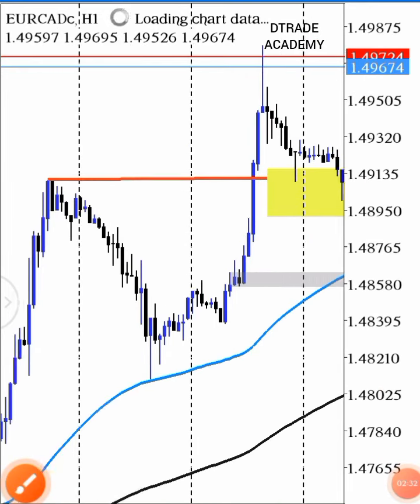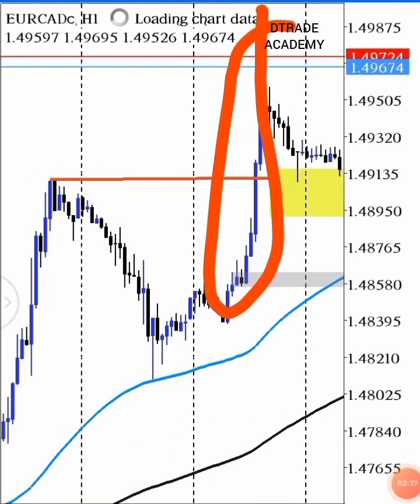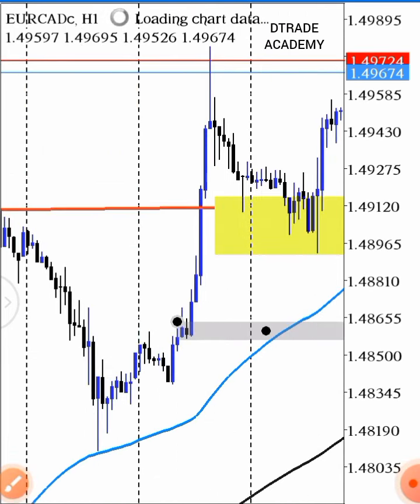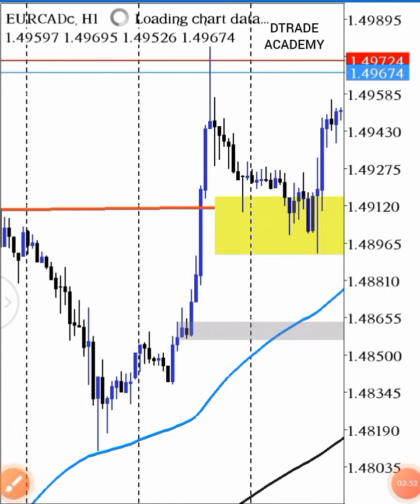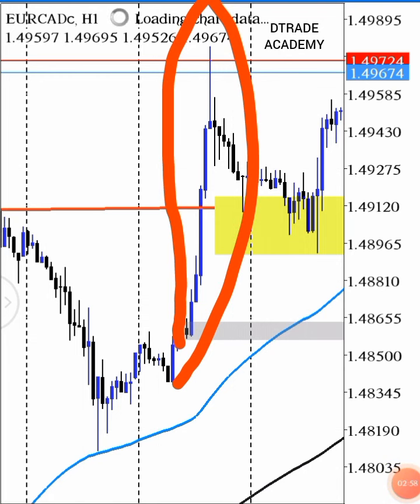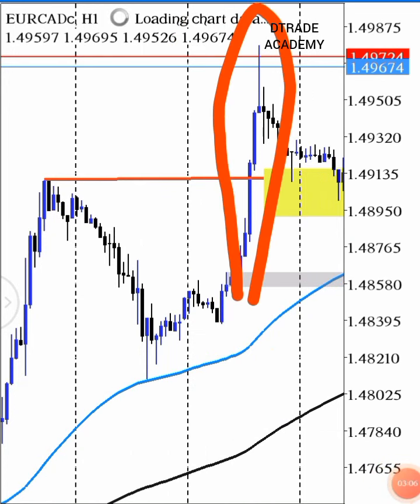For you to get that, the first thing you have to do is look for a vector candle. Once you have your vector candle that breaks a high, mark out your order block. If you have not watched the video on order block, go and watch it. Now from these vector candles, look at the area that led to the breaking of this high.